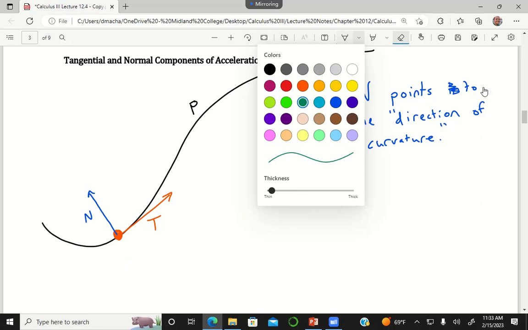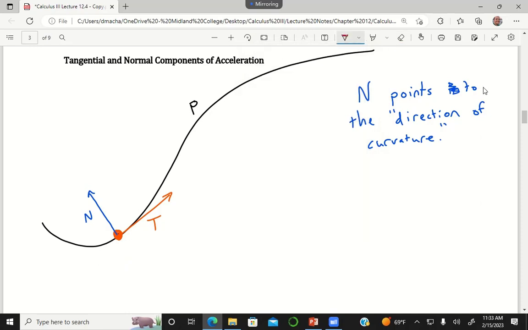So the acceleration is going to look something like this. And we can talk about the tangential component of acceleration. I can ask you, what is the tangential component of acceleration, as a question on an exam.